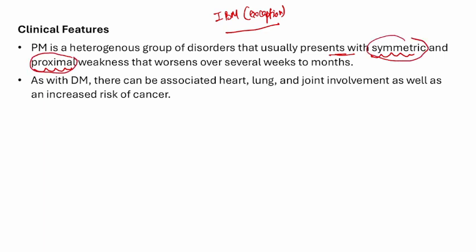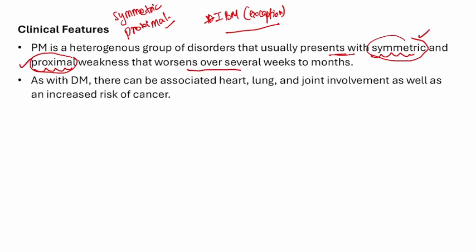The most important thing that we have to mug up is symmetric, means both sides, and proximal, means the shoulder girdle and hip girdle will be involved more than the small distal muscles. They are not involved in polymyositis or dermatomyositis, but IBM is an exception. Remember that. So polymyositis means symmetric and proximal.